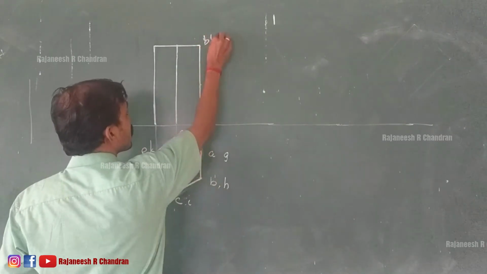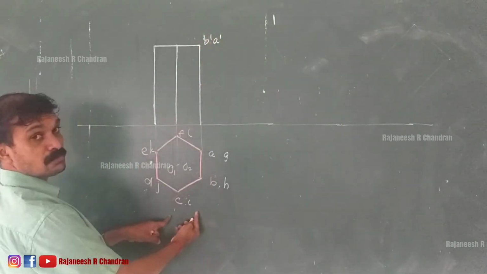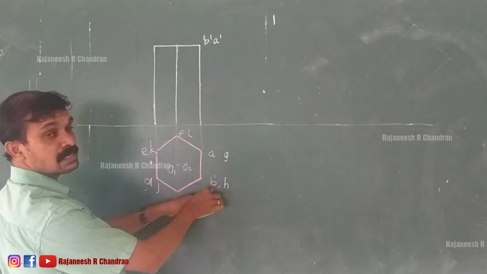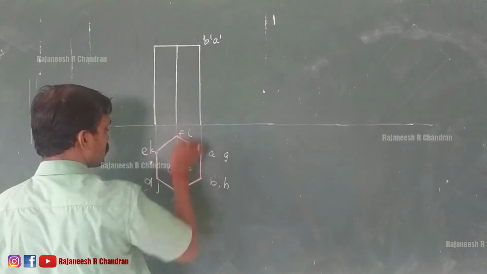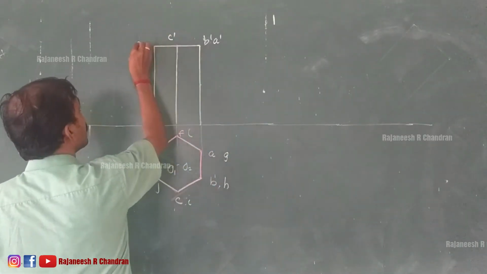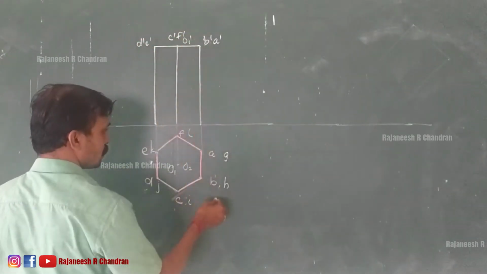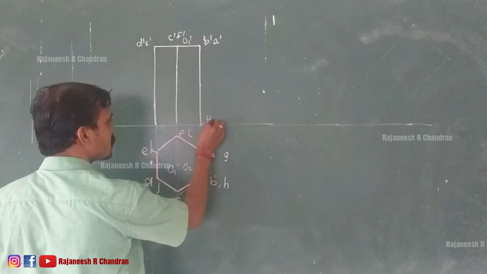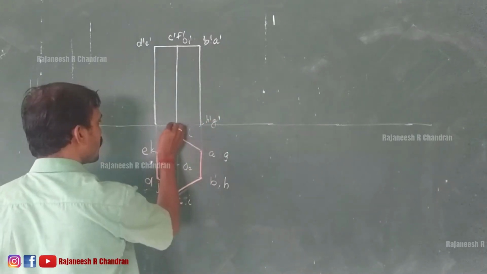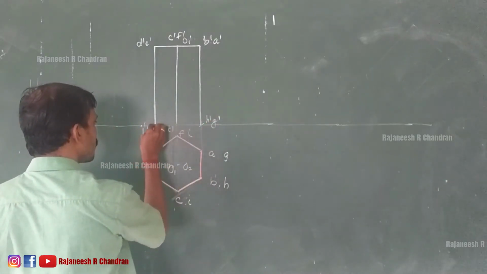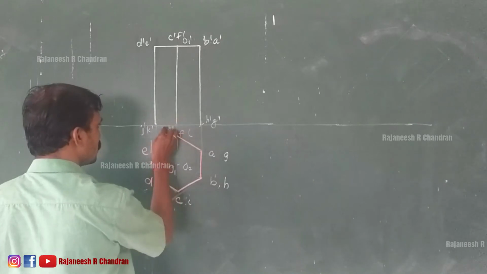Why B dash, A dash? As we are observing from here, the first letter we are seeing is B. So B dash, A dash, then C dash, D dash, E dash, F dash and O dash. Similarly here, H dash, G dash, I dash, J dash, K dash and L dash, comma O dash.